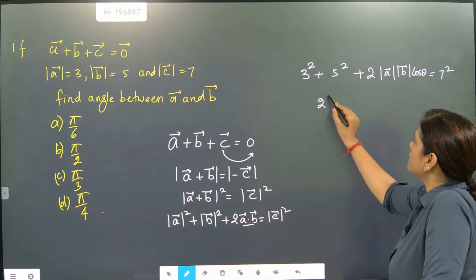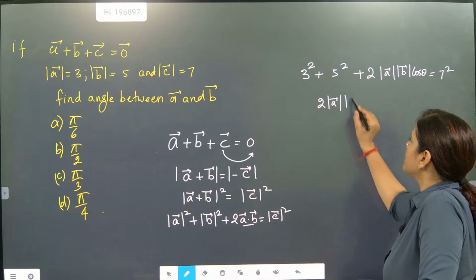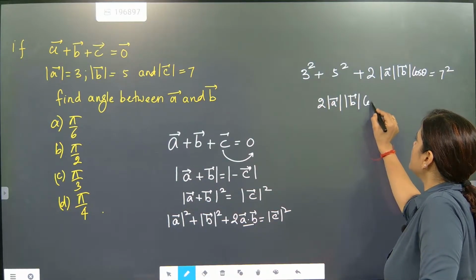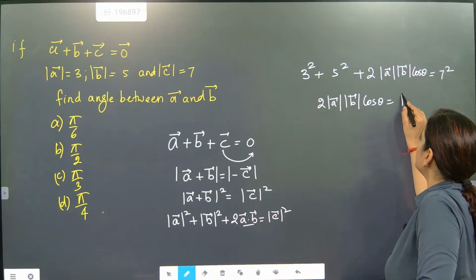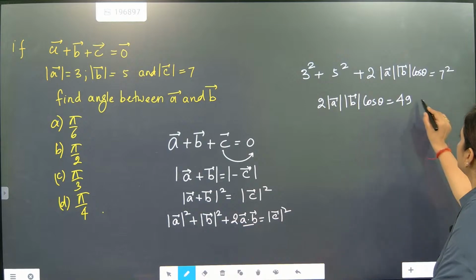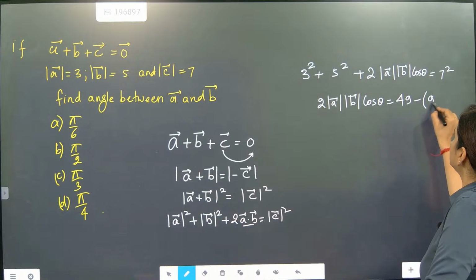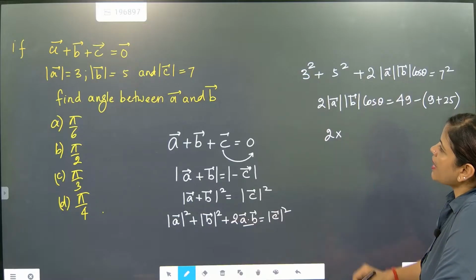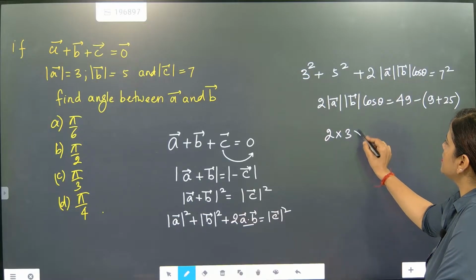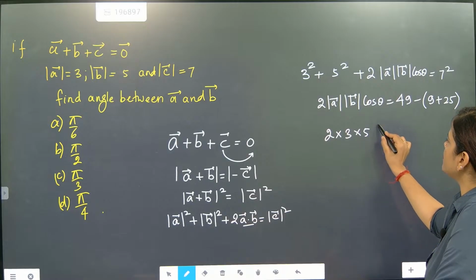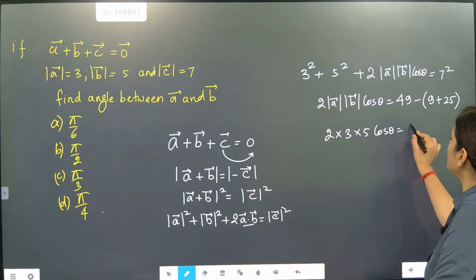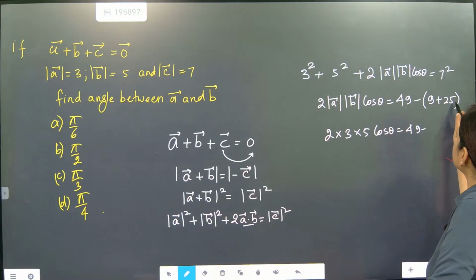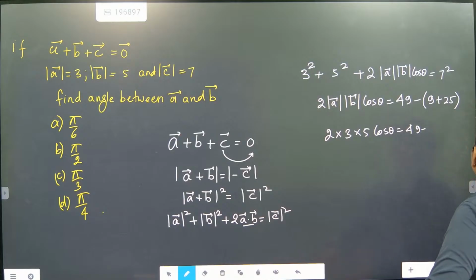So 2 magnitude of A vector, magnitude of B vector, cos theta equals 49 minus 9 minus 25. So here it is 2 into 3 into 5 into cos theta equal to 49 minus 9 minus 25.